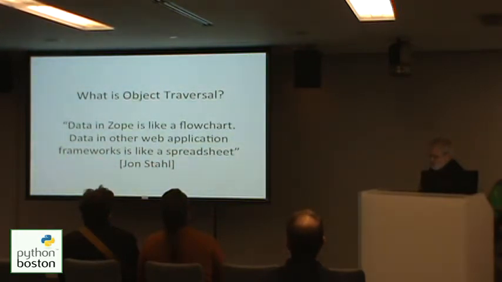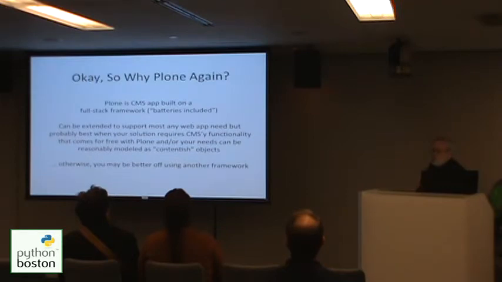Data in other web application frameworks is like a spreadsheet. You're not just mapping a URL to something. You're going through each one of the elements, and you're flowing through it and matching each one. Because of that, it has to do some fairly complicated security checks to make sure that you're actually allowed to get where you're trying to go.